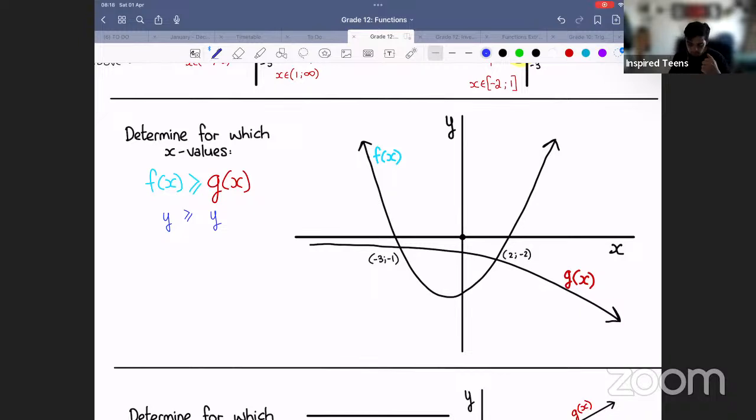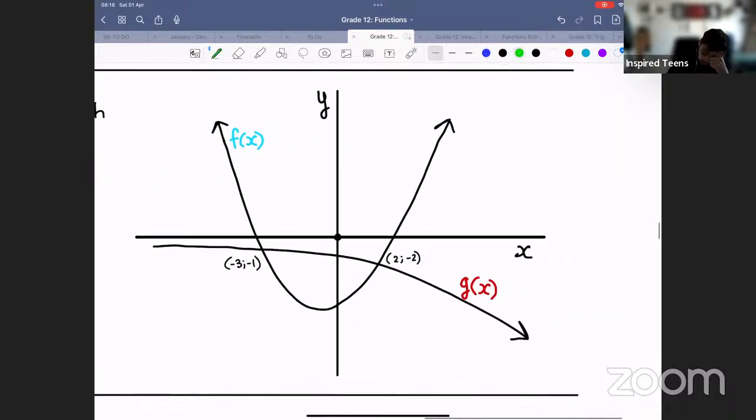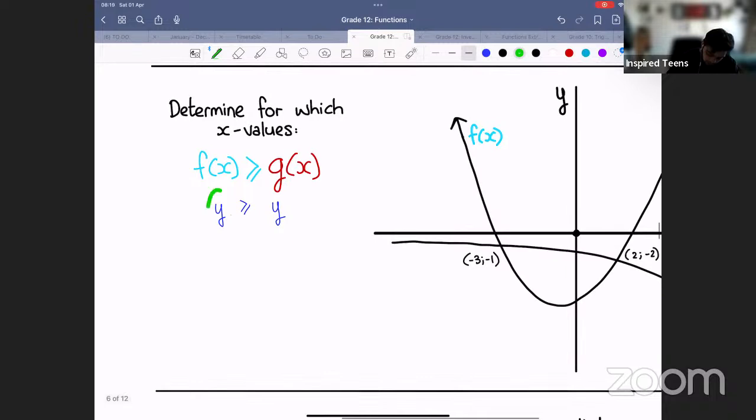Now let's look at our y-axis and ask ourselves, what does that actually mean? If I look at a y value being greater than another y value, let's call this y for f and y for g.